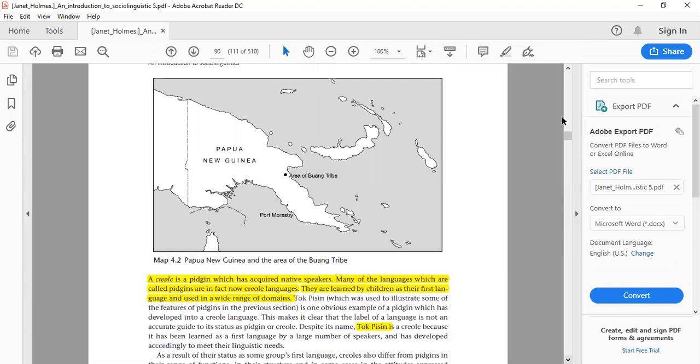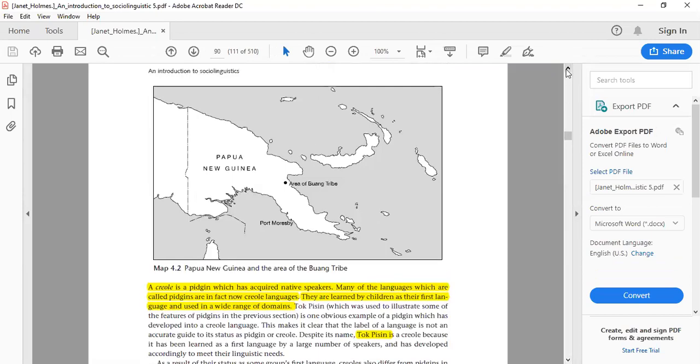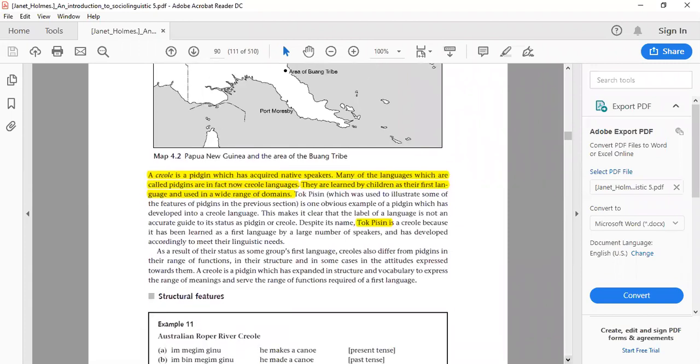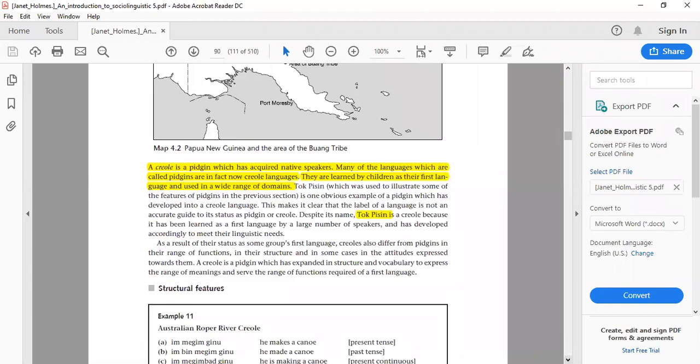Okay, can anyone tell me what is Creole? Though Fahim already elaborated, yes, ma'am, when a pidgin is extended, new vocabularies are added, and native speakers are produced, that becomes a Creole.